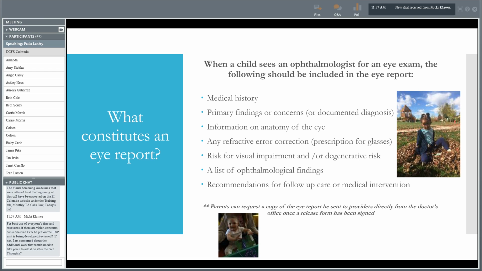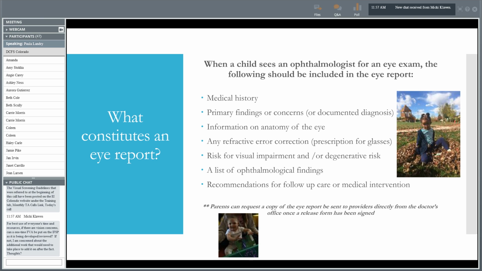Refractive error, which would be prescription glasses. I think that's probably one of our number one questions after, can you tell me what my child sees, would be, can we give them glasses to see better and fix it? Unfortunately, in the majority of the cases, glasses aren't appropriate and wouldn't help improve the vision. But in the cases that do, we do like to know what the glasses prescription is, if it's for nearsightedness, if it's for farsightedness, and those types of things.